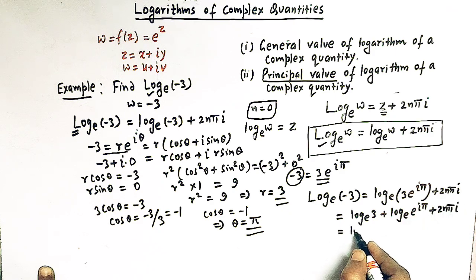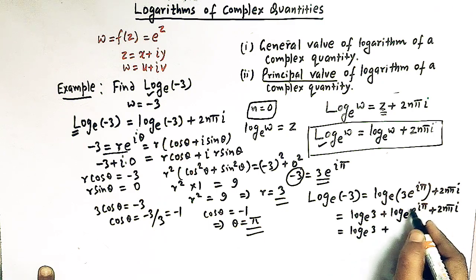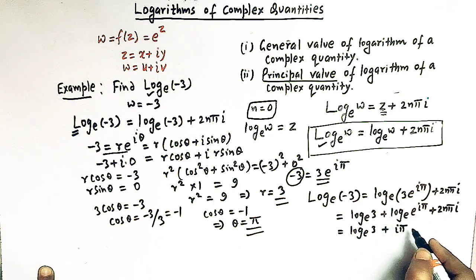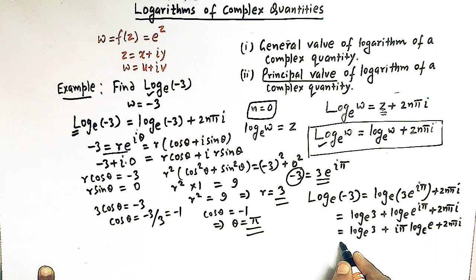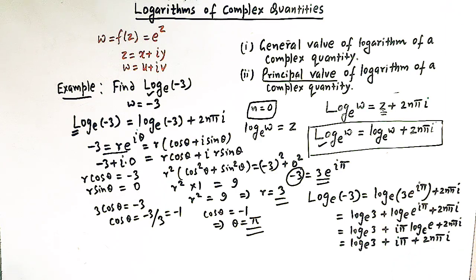So now we can write log of 3, and here we can use the power rule, taking i pi in front of log, and we have log of e and 2n pi iota. So now we have log of 3, and log of e to the base e is 1, so we have simply i pi and here we have 2n pi i.